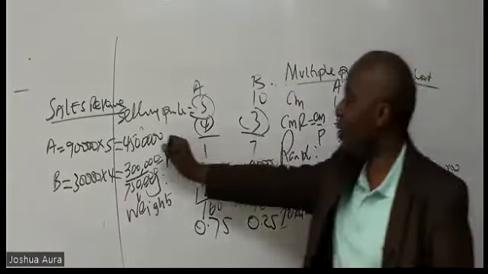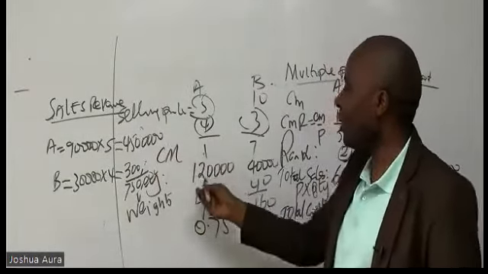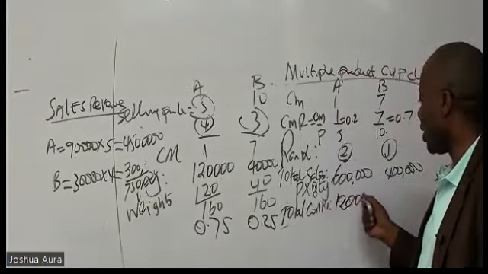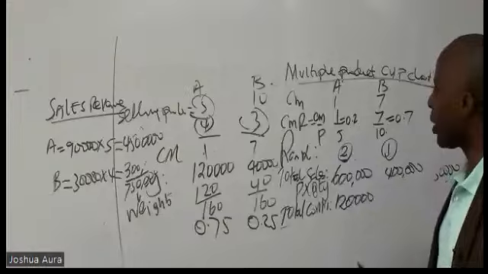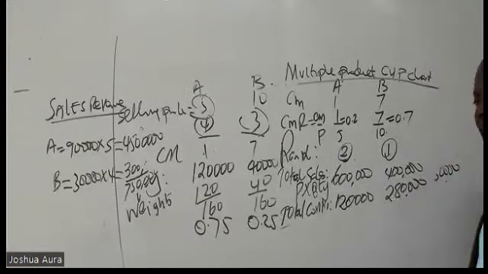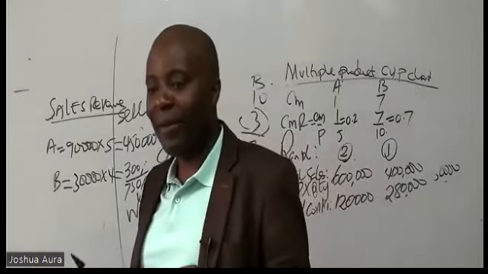I know where my contribution margin is. This is what we had obtained. So it will be this times this. So the first one, I'm able to see total contribution of 120,000. The second will be 200, what here, somebody? 280,000, like that. Thank you so much.